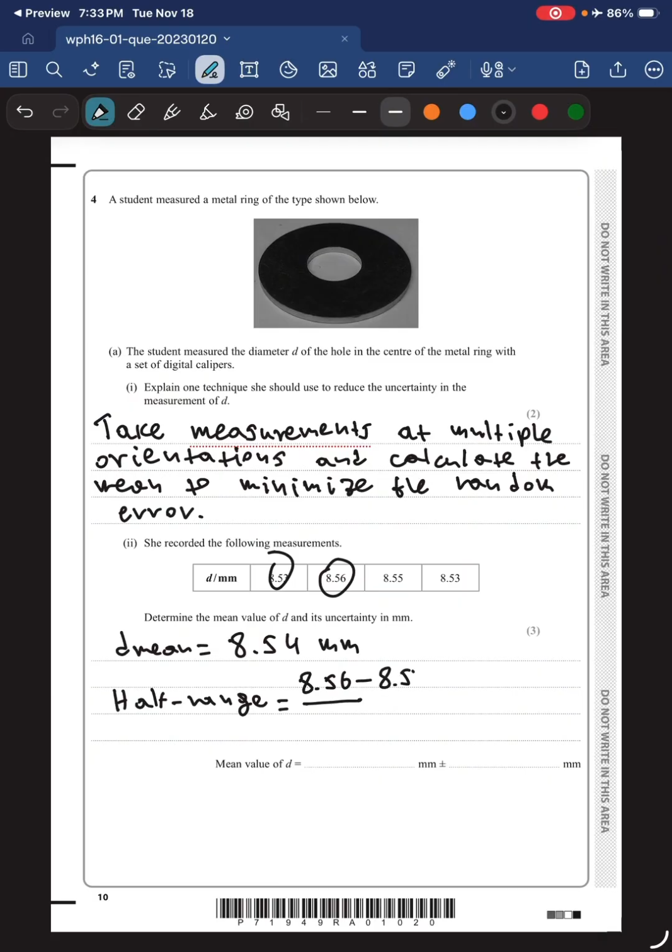So 8.56 minus 8.53 over 2 gives us 0.02 millimeters. So the mean value of d is 8.54 and the uncertainty is 0.02. And by the way, the number of significant digits here must match the number of significant digits there.